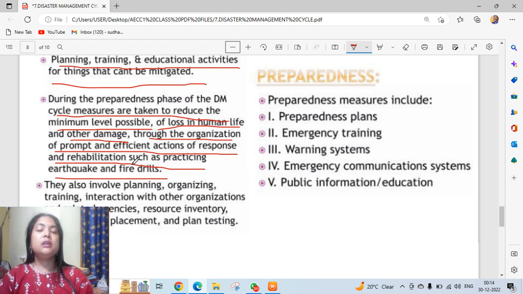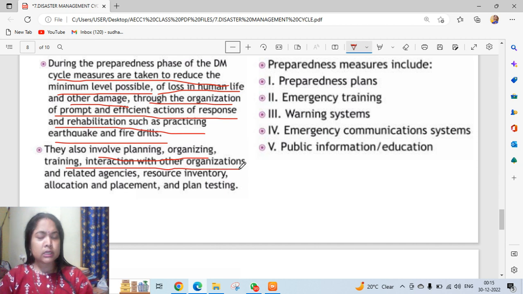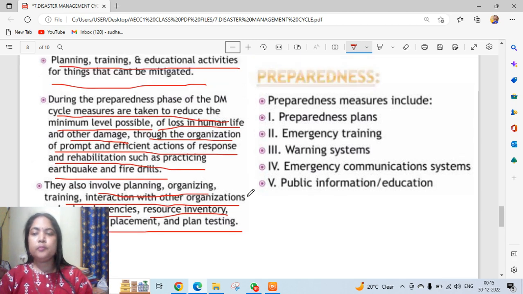So they are being trained. They also involve planning, organizing, training, interaction with other organizations and related agencies, resource inventory and allocation and placement, and plan testing.